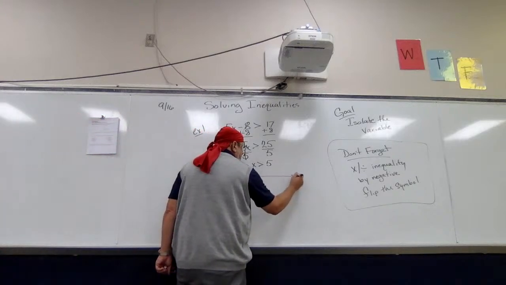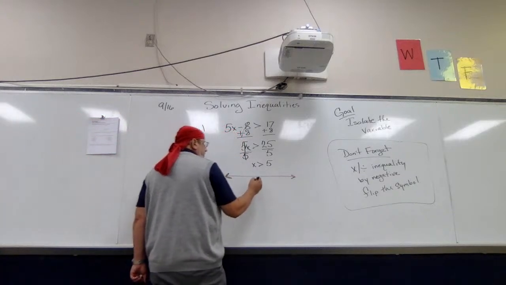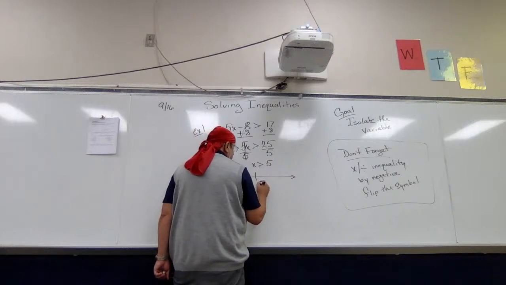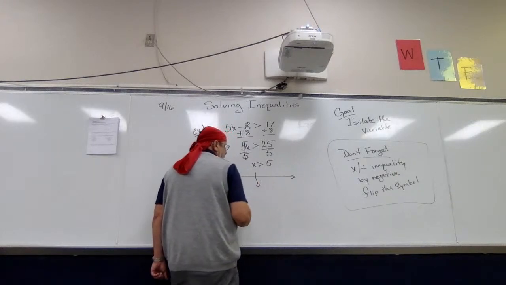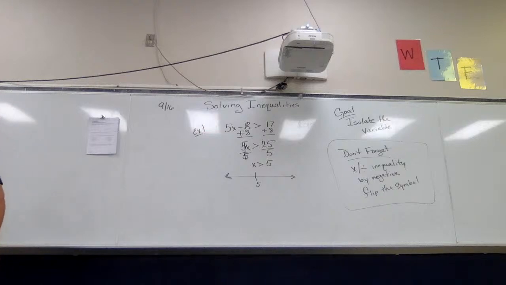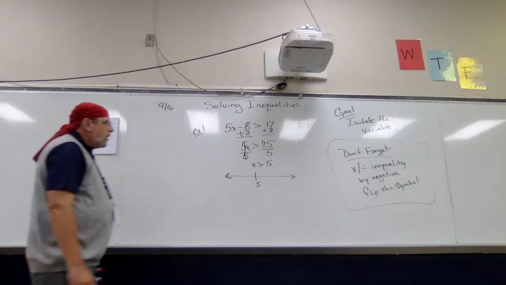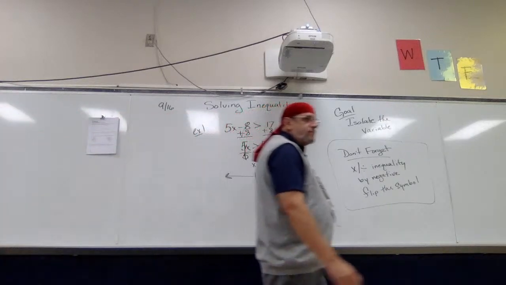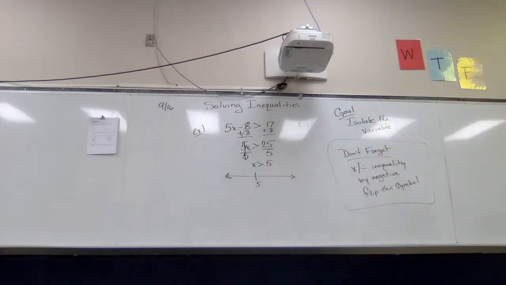And then we have a number line. Open or closed circle? Closed. Open or closed circle? Open. Why? Oh, closed is like greater than or equal to or less than.